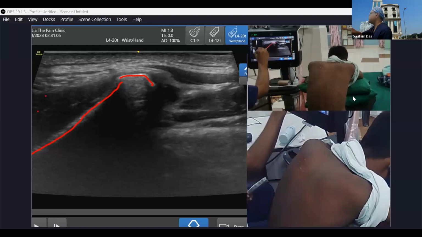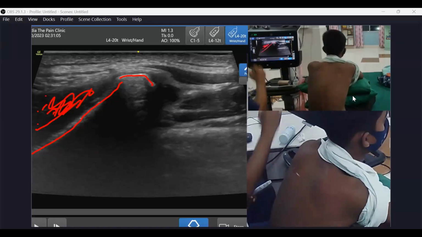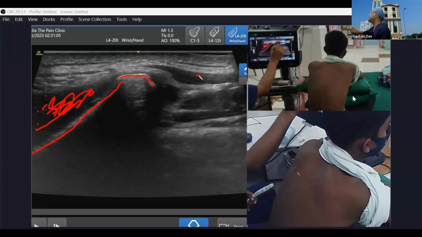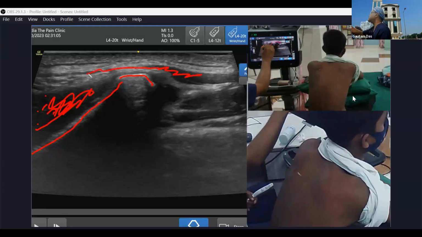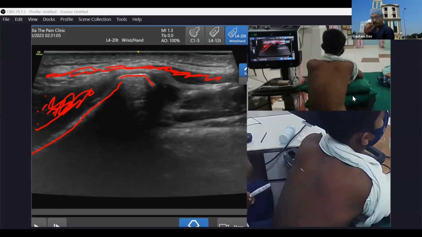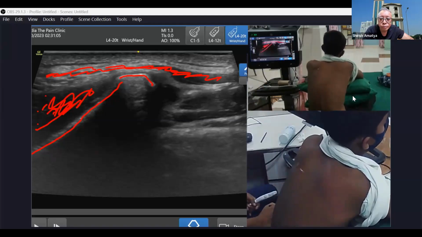So what muscle will this be? Supraspinatus. Supraspinatus, very good. And then you can see there is a muscle there. This muscle is a little bit thicker and then comes like this. So what is this muscle? Trapezius. Trapezius, very good.